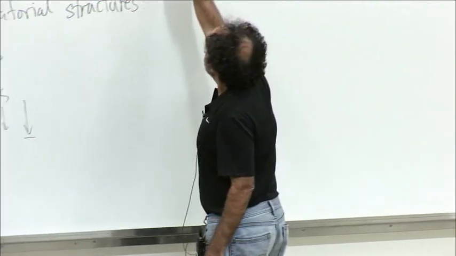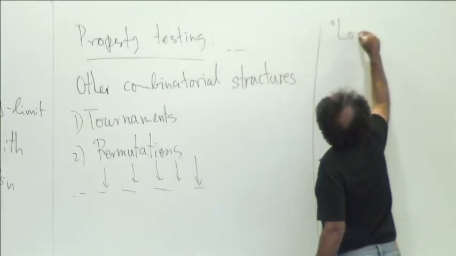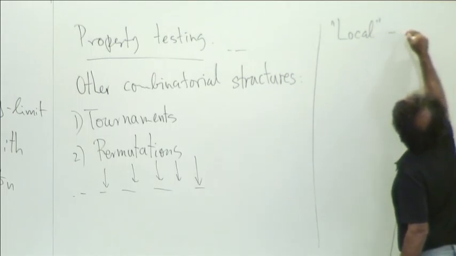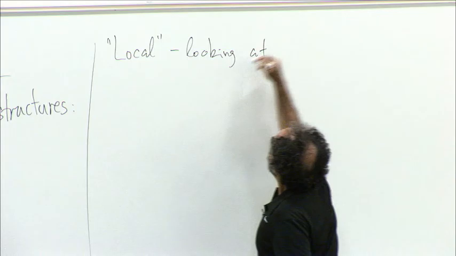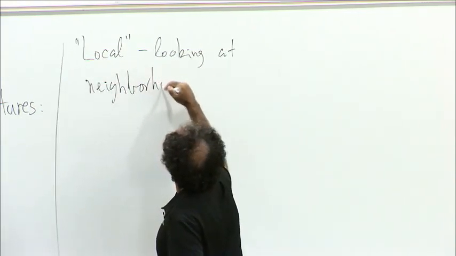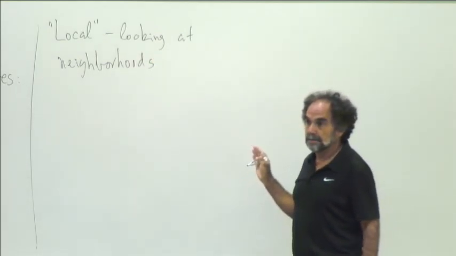The other thing is there is more to local in the sense of looking at neighborhoods. You could also ask, instead of looking at 5-element sets, I'm looking at a vertex and what the 5-neighborhood of that vertex looks like. That's also very interesting, but I'm not going to get into this at all.